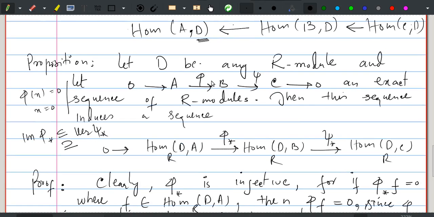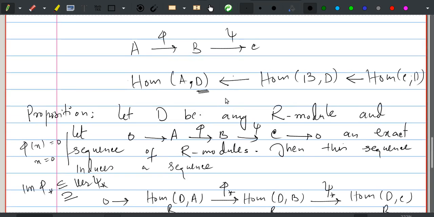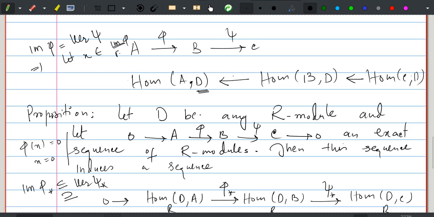So that means image of phi is same as kernel of psi. Now let x belong to the domain.